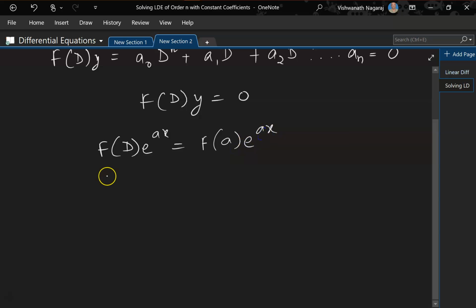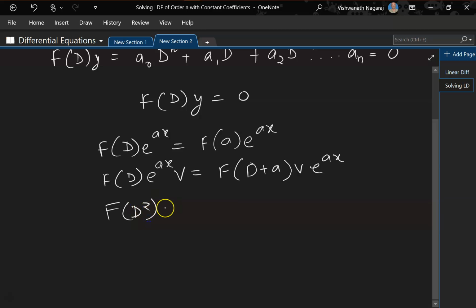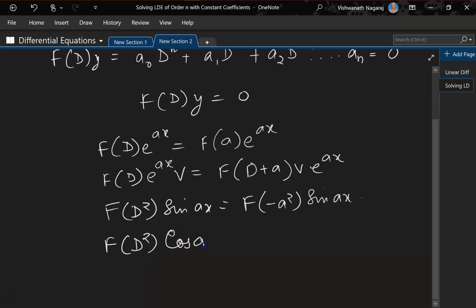Similarly, we have seen f of D e^(ax) v is equal to f of D plus a e^(ax), and we have also seen f of D squared sin ax is equal to f of minus a squared sin ax, and f of D squared cos ax is equal to f of minus a squared cos ax.